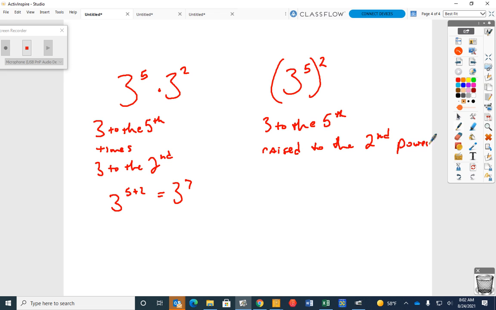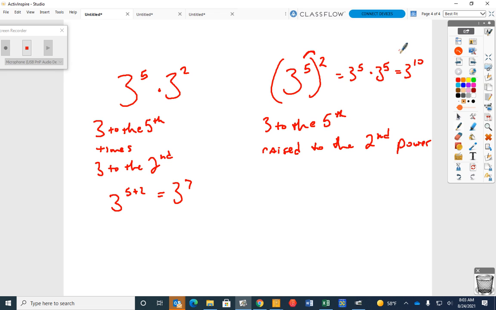In other words, what this means, if I was to write this out, that means 3 to the 5th times what? 3 to the 5th. It's not 3 to the 2nd. Because this means whatever's inside here, I'm going to square. Okay? So if I were to add these together, what would that give me? 3 to the what? 10th. Now, look at a relationship between these two that equals this. It's not addition. What is it?